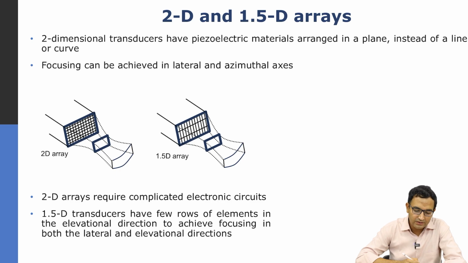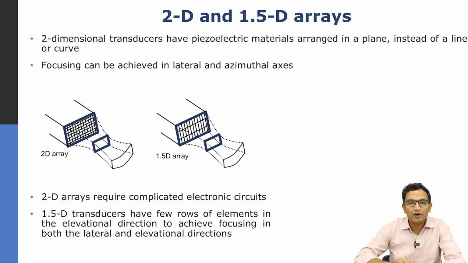So there is a compromise, which is a 1.5D array. In a 1.5D array you have a large number of elements in one dimension, but a relatively smaller number of elements in another dimension. One example could be 128 elements in one dimension, but say only 8 or 16 elements in the other direction. So you have some capability of providing a delay profile like this and focusing in the azimuthal direction as well, but not as well as in the lateral direction.